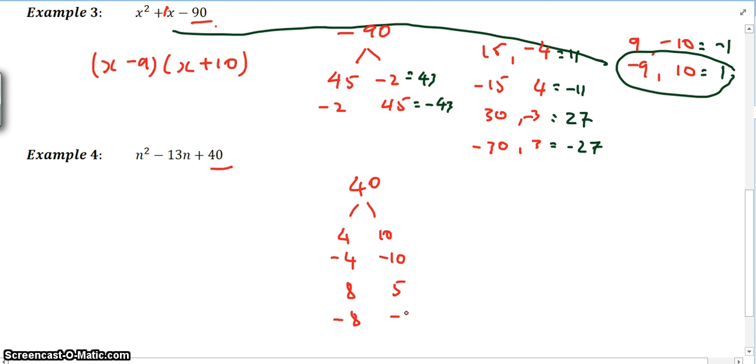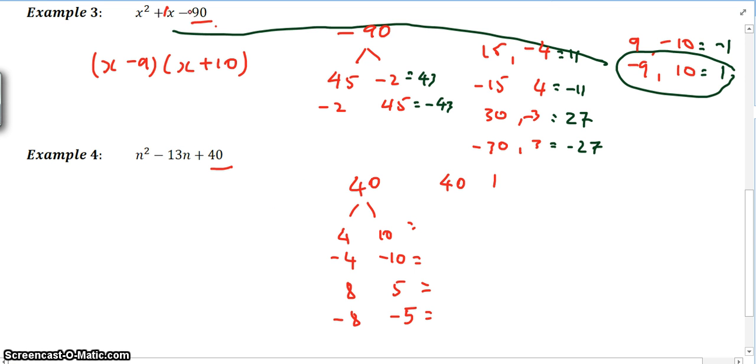Minus 5 right here. I'm just going to stop right there because I know the answer is one of them. Try not to spend too much time writing down all the factors if you've got some sort of intuition. For example, I wouldn't have put down 40 and 1, because there's just too much of a gap between these two, since 40 plus 1 is 41. It can't be the factor of this.